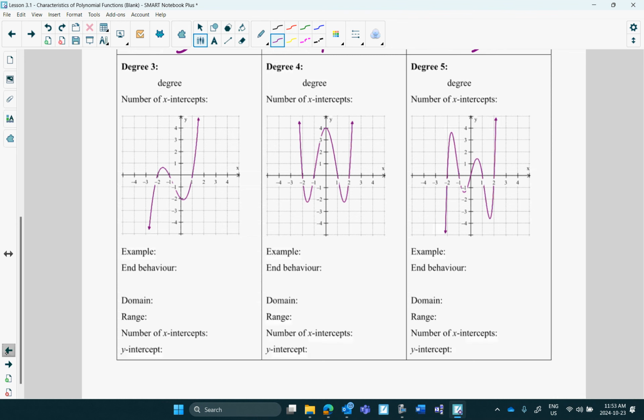Here we have a polynomial function where the degree is 3. That's odd, obviously, because 3 is odd. Anybody know the name of it? What math word can we use for 3?